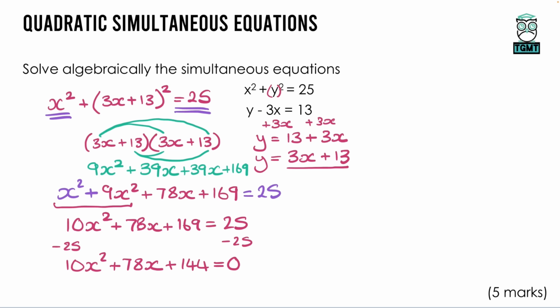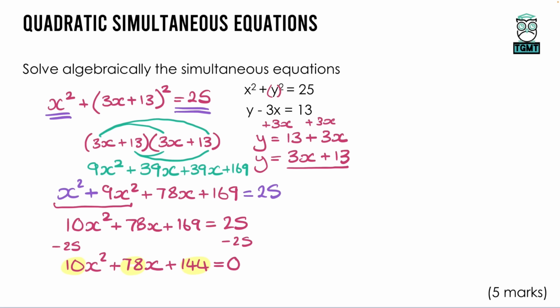Now at this point, I want to see if I can simplify this quadratic in any way. So to do that, I'm going to look at the three numbers in the quadratic. We have a 10, a 78, and 144. I just want to think, is there anything that they all divide by? I can divide these because it's an equation that equals 0. Whatever you do to the left, you've got to do to the right. But it doesn't matter what I divide 0 by.